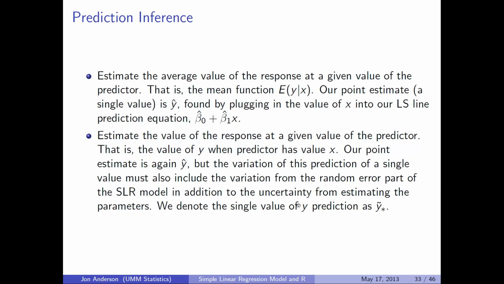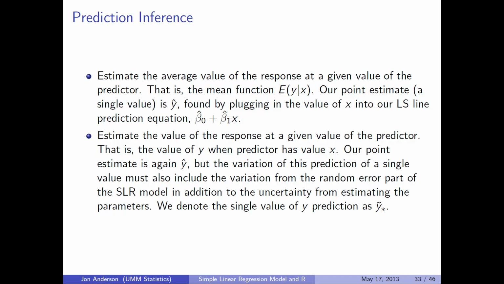Another thing we might want to do, other than doing tests and confidence intervals for one of the beta coefficients, is to do some kind of a prediction. How much is y going to be at a particular value of x? Or how much is a typical value of y going to be at x? So there's really 2 kinds of questions that are relevant here.